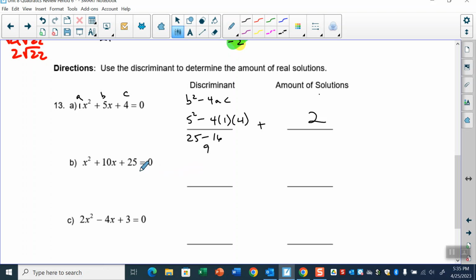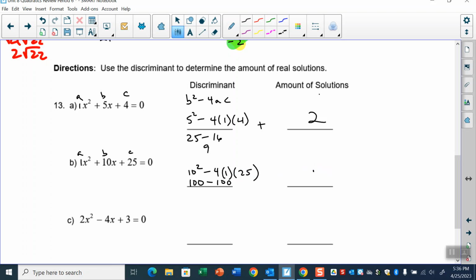Here I've got a is 1, b is 10, c is 25. So that is going to be 10 squared, b squared, minus 4 times a times c. All right, 10 squared is 100. There's just one negative, so minus 100.